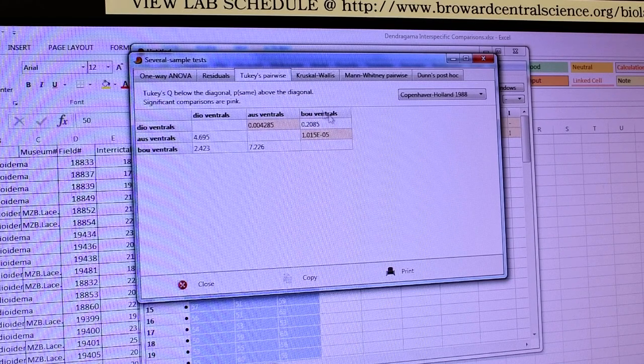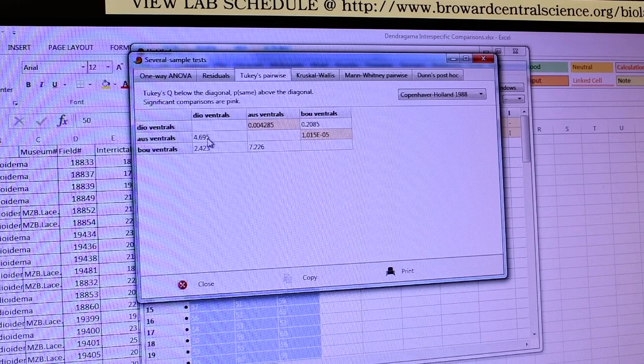This gives us the results of the Tukey's test. Notice what it says here in the little dialog box. It tells us that these numbers down here are the statistic, and these numbers up here are the probabilities. So you would say Q equals 4.695, for example, if you were reporting the comparison between Australis and Diadema.